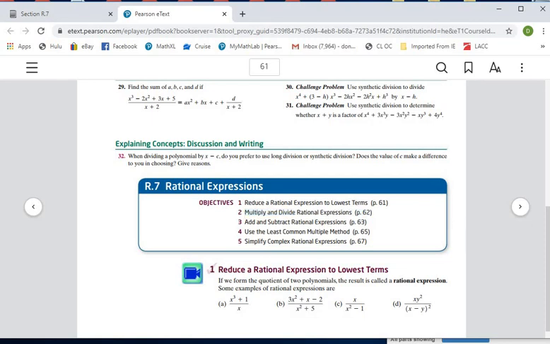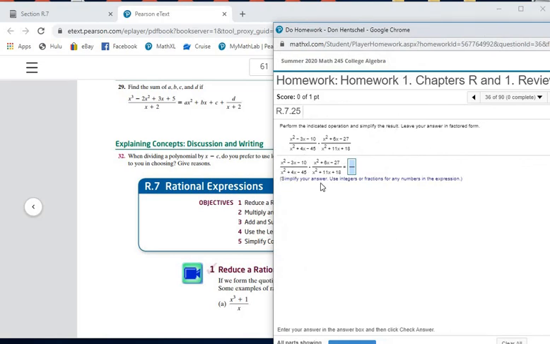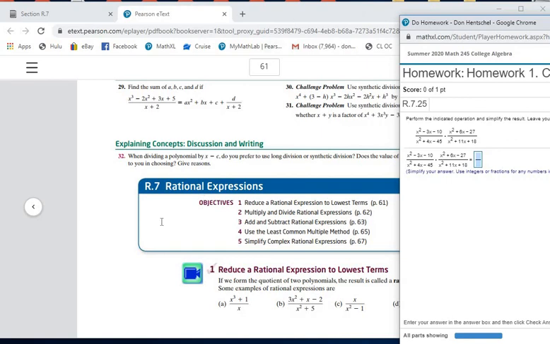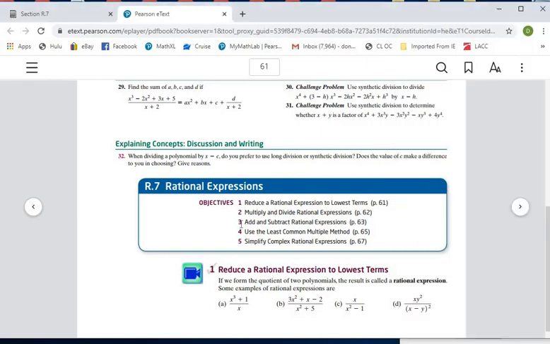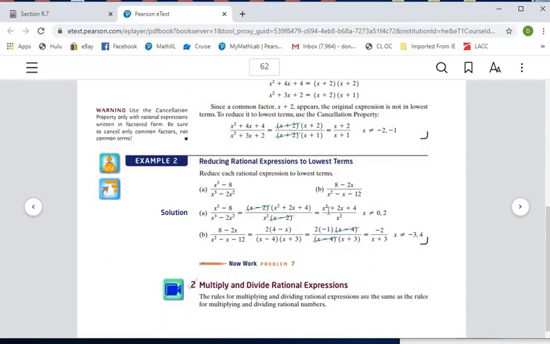So in order to do this problem, I know that means I should know how to multiply and divide rational expressions. So page 62 takes me to page 62. I'm still not there. Yeah, here it is. Multiply and divide rational expressions, way at the bottom of page 62.